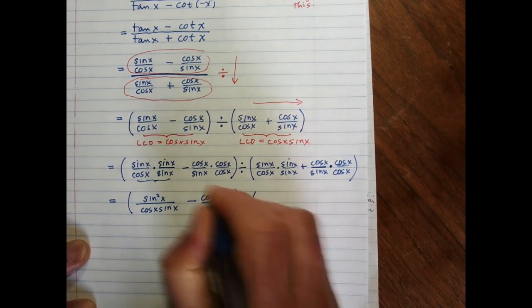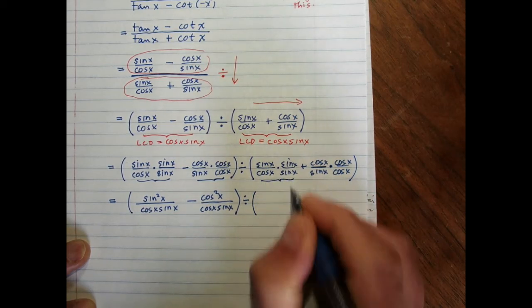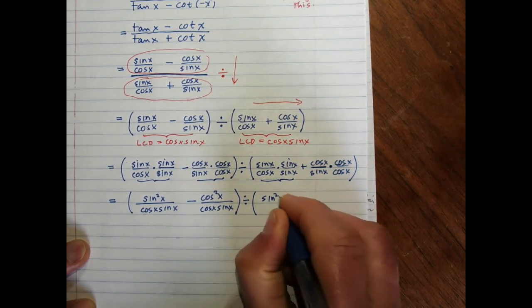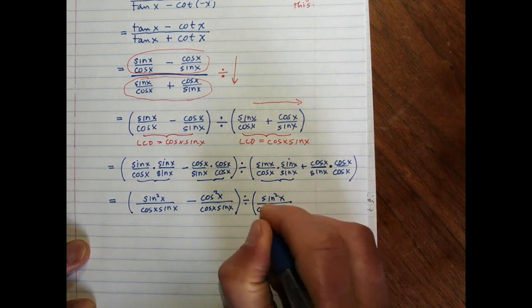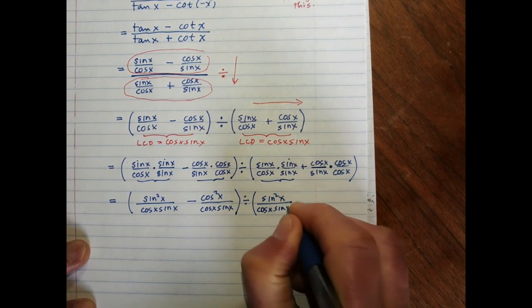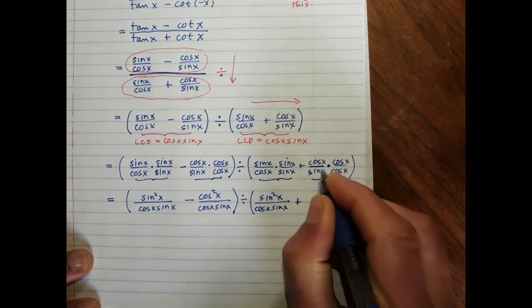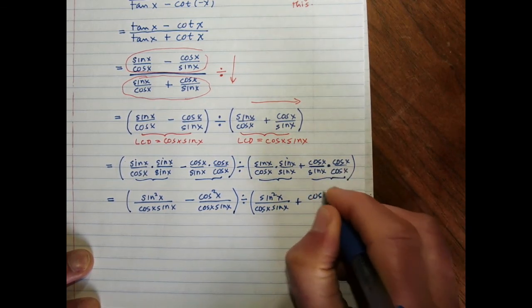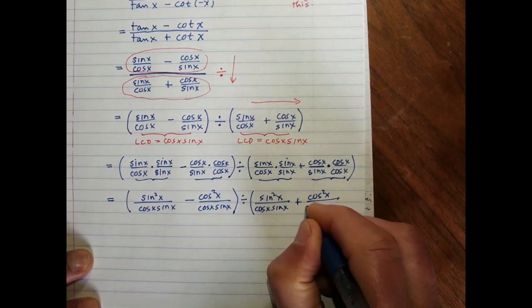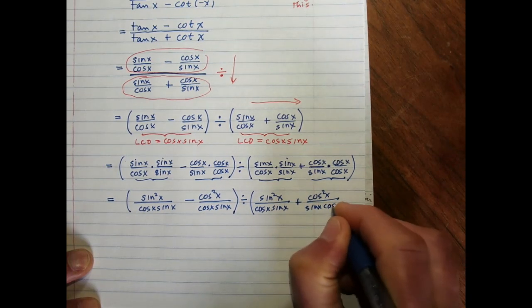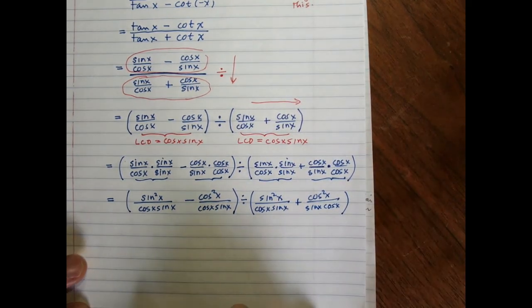That was this fraction. This fraction is sine squared x over cosine x sine x plus this product, which is going to be cosine squared x over sine x cosine x.